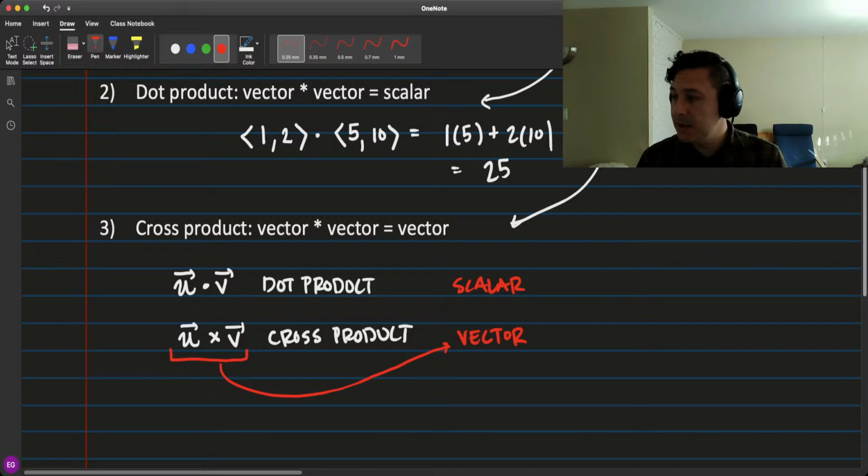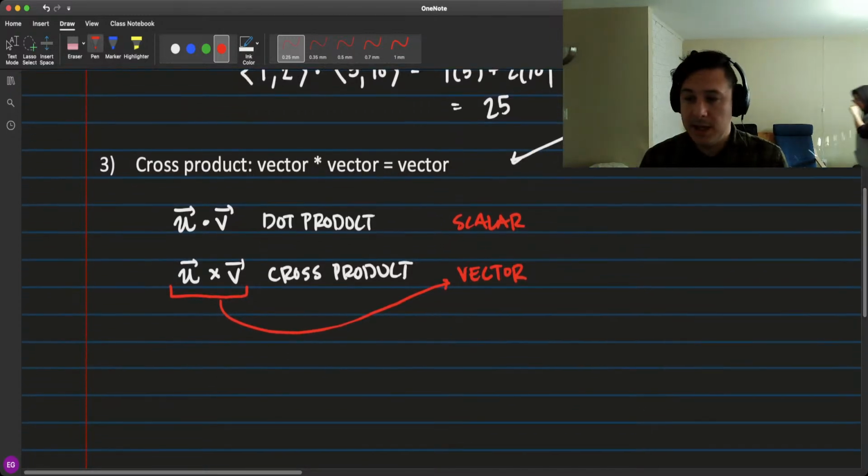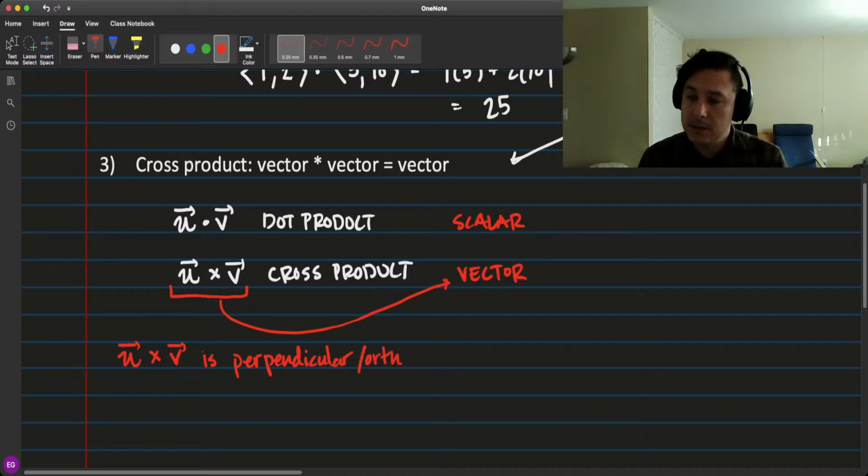What's interesting about it is that this new vector you get, the vector u crossed with v, is perpendicular or orthogonal to both u and v.